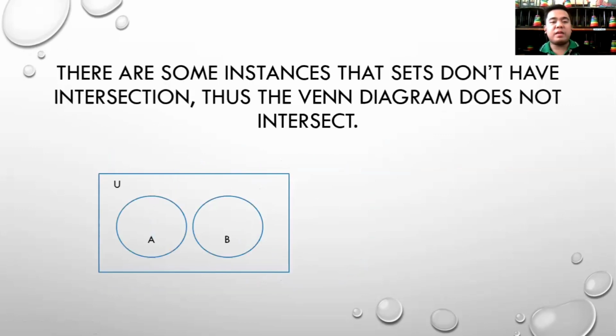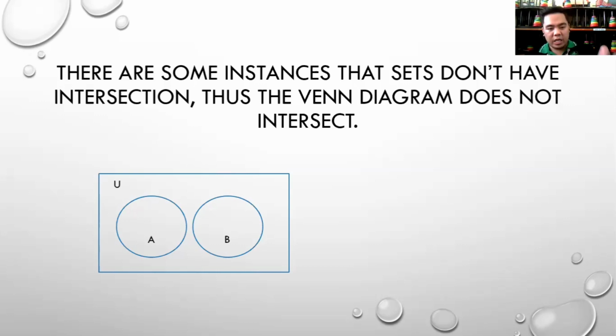Okay. There are some instances that sets don't have intersection. So pag may sets na walang intersection, hindi mag-i-intersect yung dalawang set na nire-represent mo. So, hindi mag-intersect yung dalawang circle. Okay? Kasi wala naman silang intersection. Empty yung intersection nila.